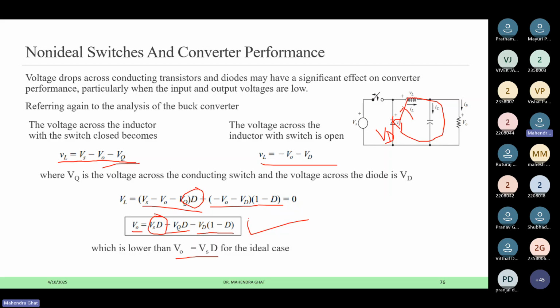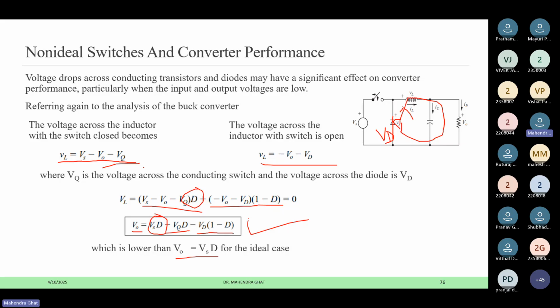In practical converter design, we have to consider all these things. Suppose I take a simple example: my required output voltage is 5 volt, and the input voltage is 10 volt. In that case, ideally the duty should be 0.5.